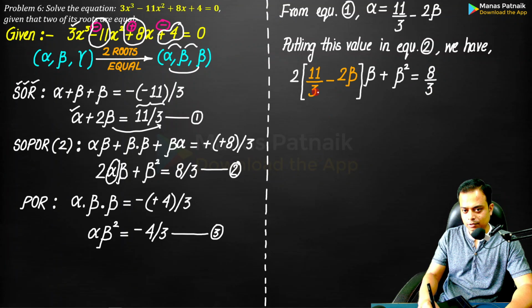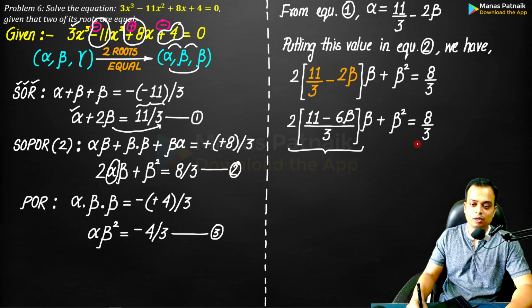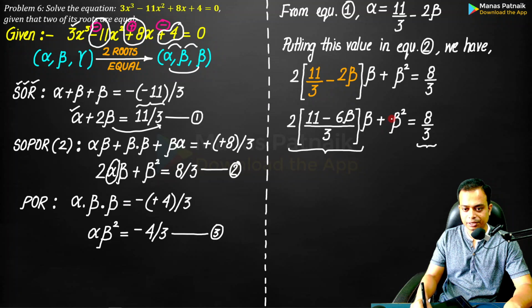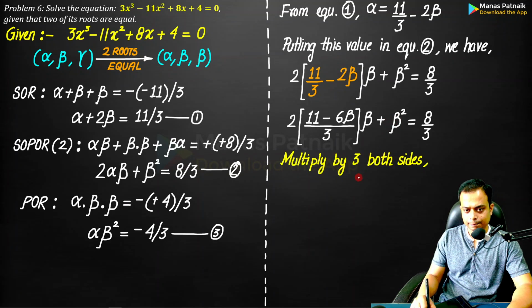Take the LCM. Just try to solve this bracket first of all. Take the LCM. 3, 11 minus 6 beta. Done, sir. Now I'll multiply 3 by both sides. What will happen in such a case is 3 from the denominator will go away, and here you will have 3 as the coefficient. Multiplying by 3 both the sides.